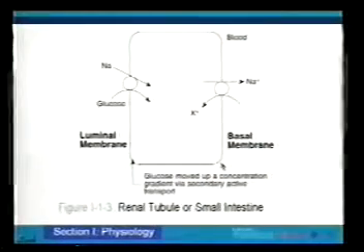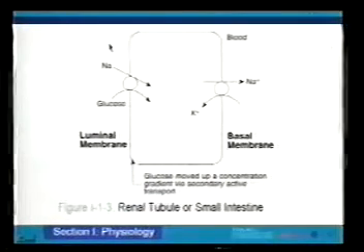Now, boards quite often test your understanding of this specific example of secondary active transport. Just to orient everyone to this figure, this here is a cell that is lining a kidney tubule. More specifically, this is a cell that is lining the proximal tubule of the kidney. It could also be a cell that is lining the small intestine.